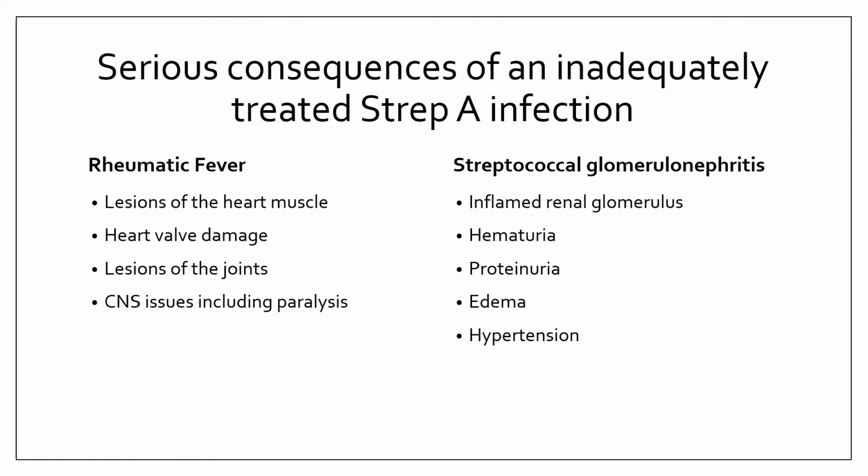Urine is basically just super filtered plasma, okay? Also in streptococcal glomerulonephritis, you're going to see hematuria, that's red cells in the urine, proteinuria, which is protein in the urine, edema, which is swelling, and also hypertension. So that's kind of the clinical picture of streptococcal glomerulonephritis.